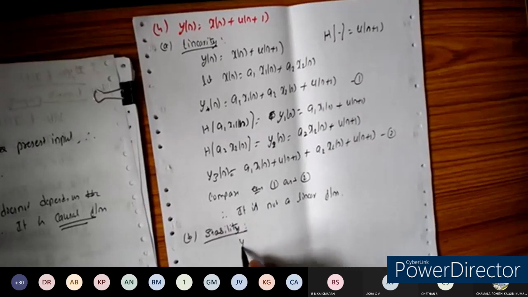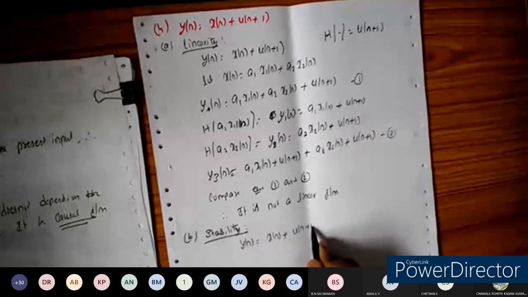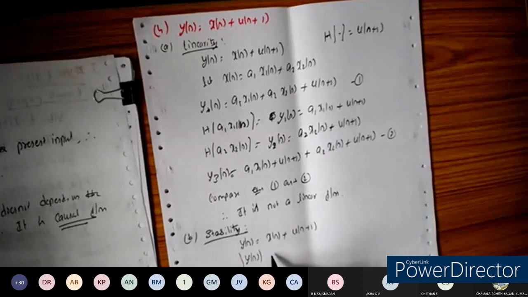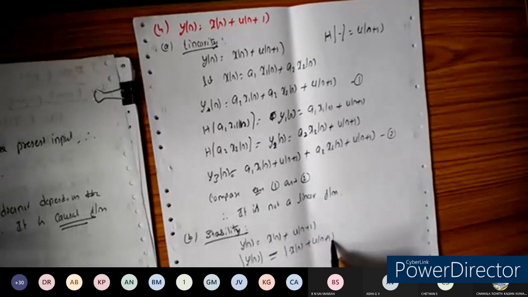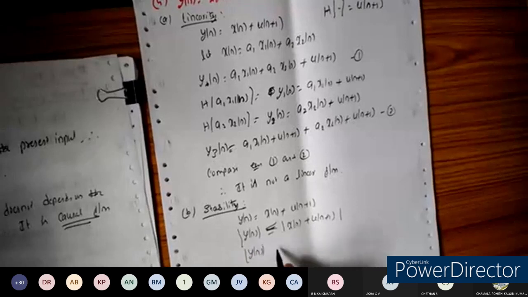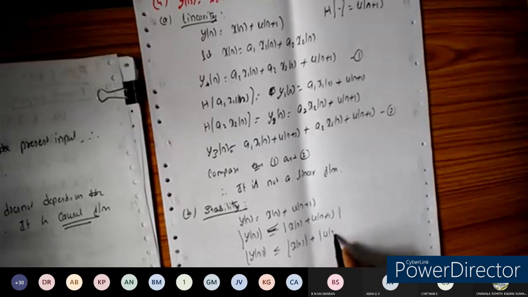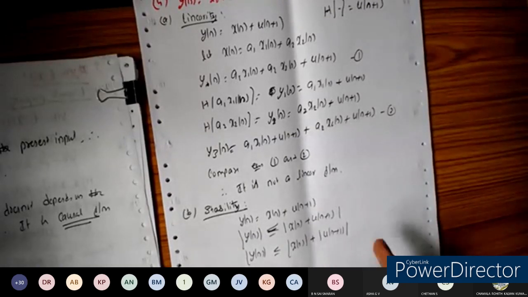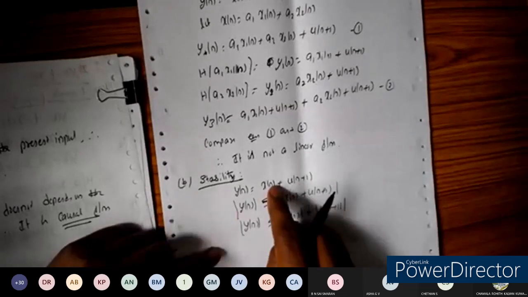Take the next one, stability. Consider the equation y of n is equal to x of n plus u of n plus 1.